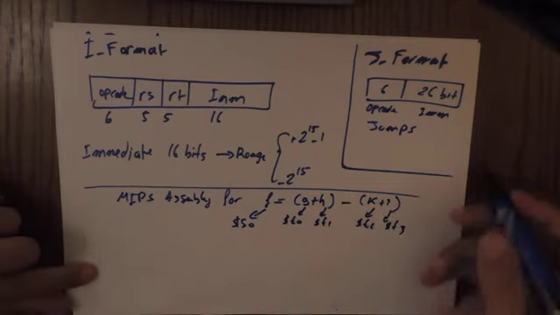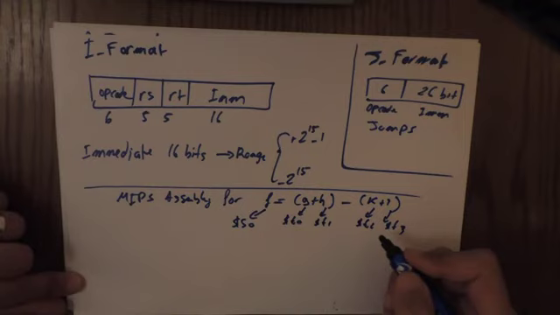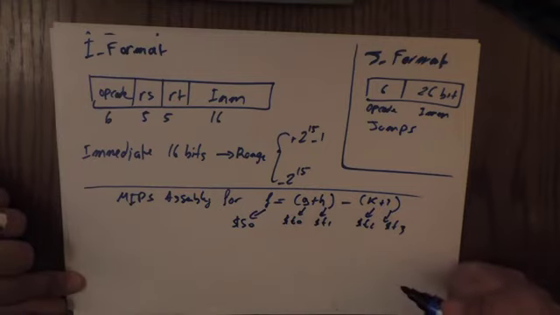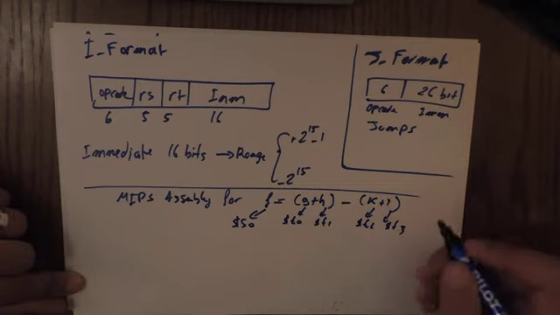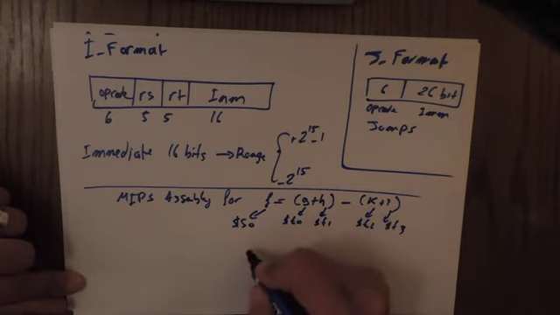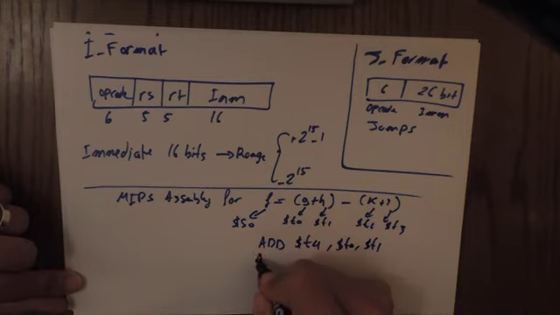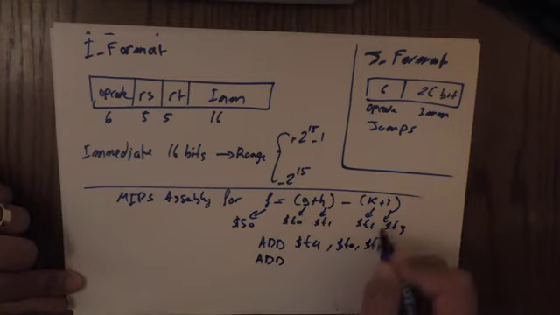Here what we need to do is start with the operation inside the parentheses. So we need to add those two. We have add, and we need to use a register that I'm not using up there. You can use T4, T1.